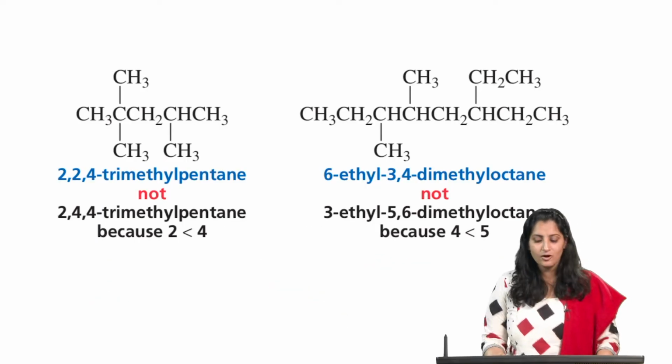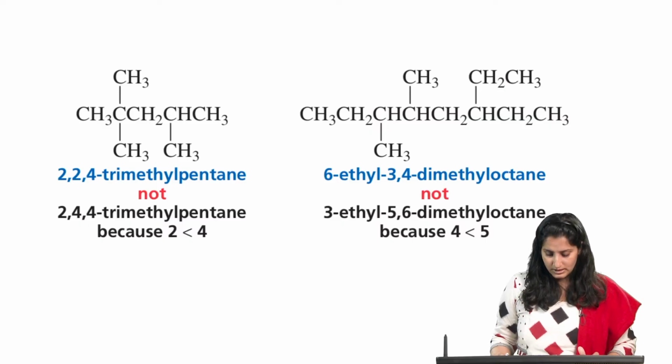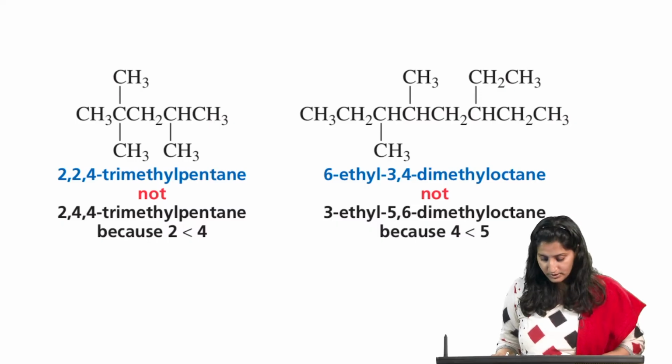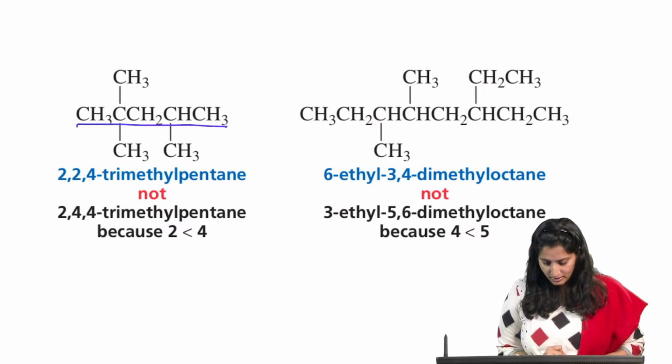So, I have some of these solved examples here, and what you can see is that it just goes through why one particular name is better or is correct than the other one. So, in this case this is a trimethyl pentane. So, this is going to be the parent chain. Now, I can start numbering it from here.